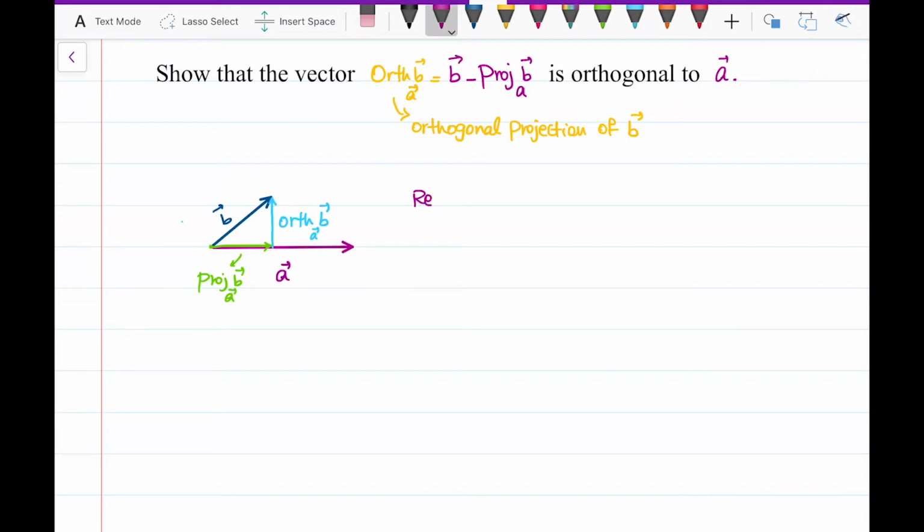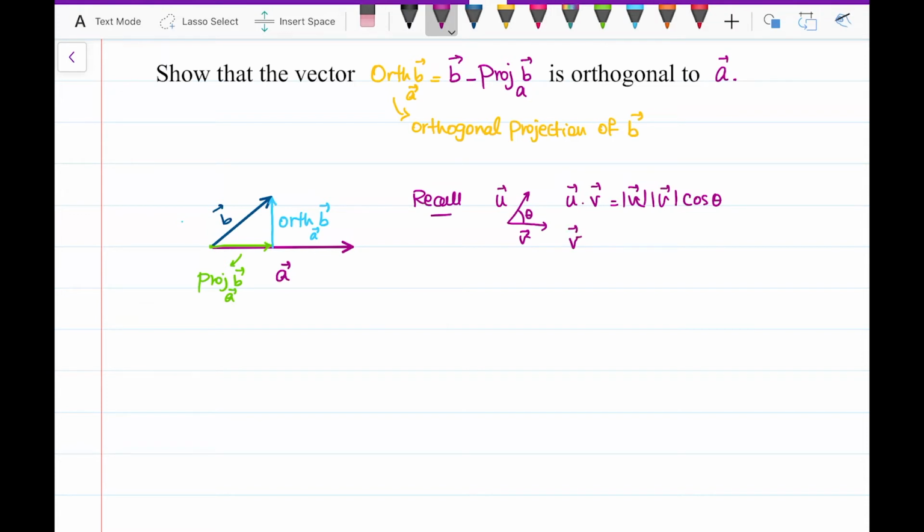Let me give you a recall. If we have two vectors u and v, then u dot v is the length of u, length of v, and cosine of theta, the angle between these two.